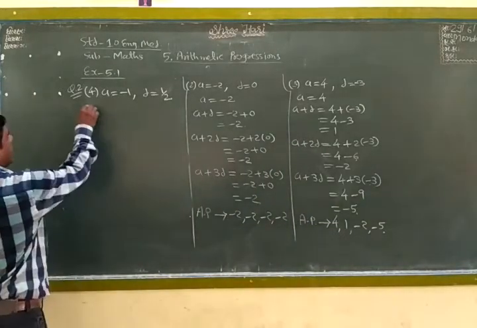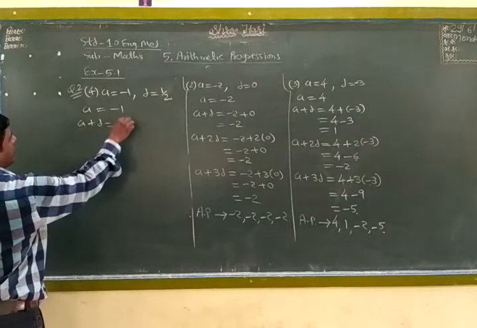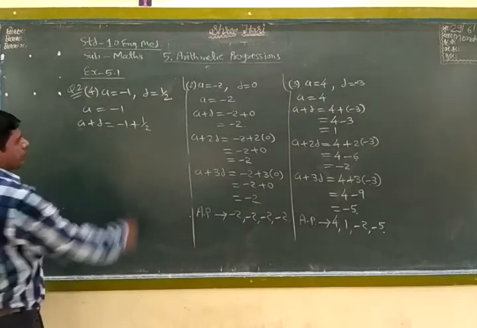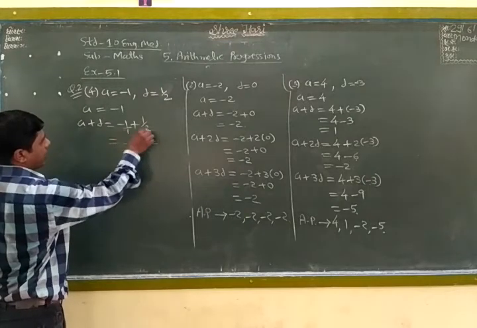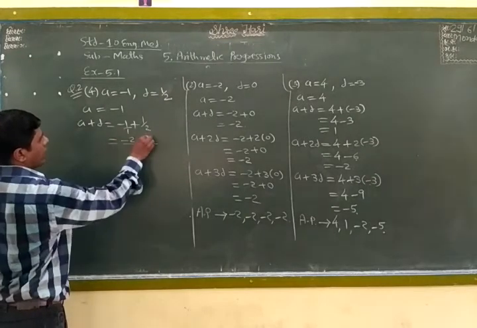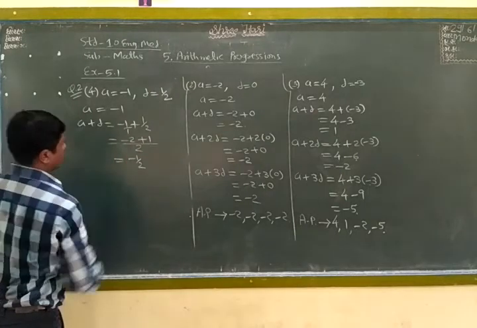So first, A is equal to minus 1. A plus D, so minus 1 plus 1 by 2. Now we take the LCM. 2 is the LCM, cross multiply, 2 times 1 is 2, minus 2, 1 times 1 is 1, 2 minus 1, with the bigger number's sign, minus 1 by 2.